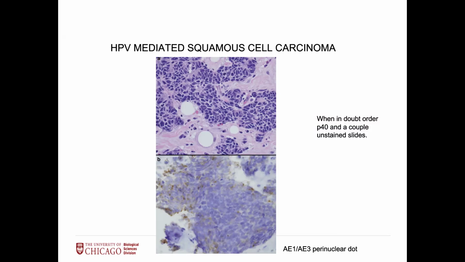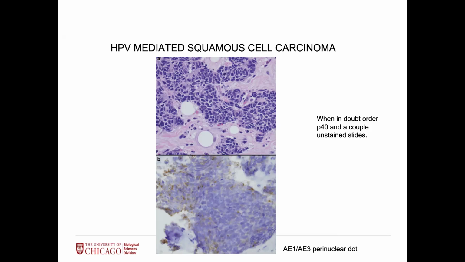This is easy to miss because our HPV SCCs are very blue, very mitotically active. So when you look at a biopsy, and it looks a little bit like small cell, a little bit like large cell, I don't know, just do a P40. Your HPV carcinoma is supposed to be diffusely P40 positive. Get a couple unstained, do your P16 and P40, and I do them as a pair.